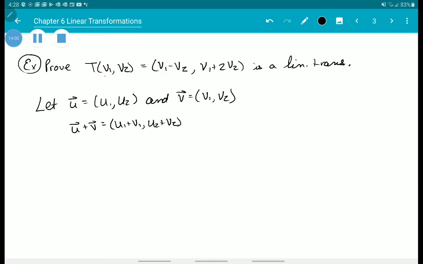This is taking something from R2 and going into R2. So we need to start with, let's prove T of U plus V is equal to T of U plus T of V. That's our first piece.